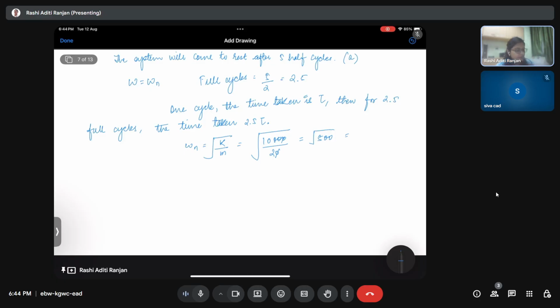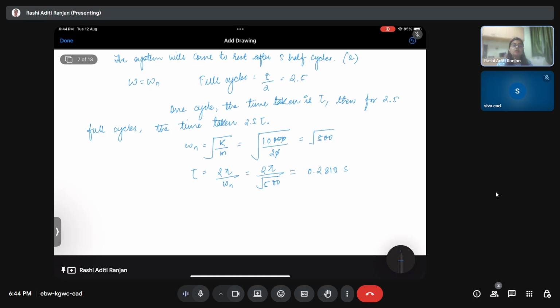Okay, I've not written that value, but you can just calculate. We can for now take it as this. So the time period is going to be nothing but 2 pi by omega n, just 2 pi by root of 500, and this will turn out to be 0.2810 seconds.